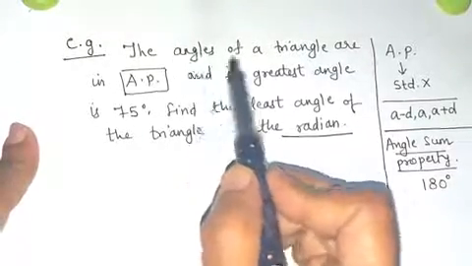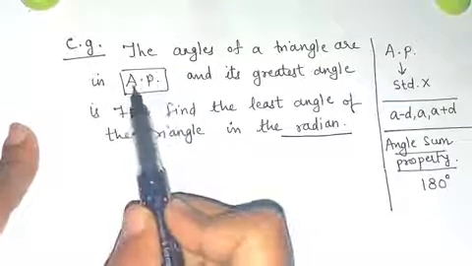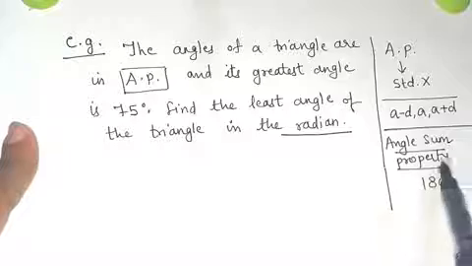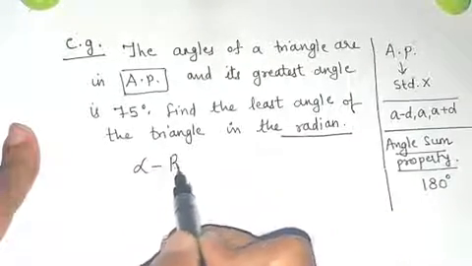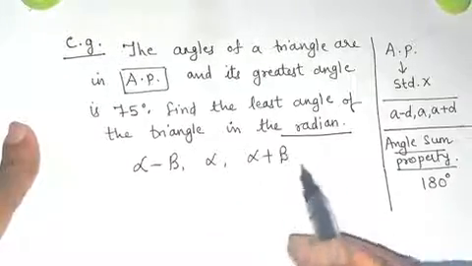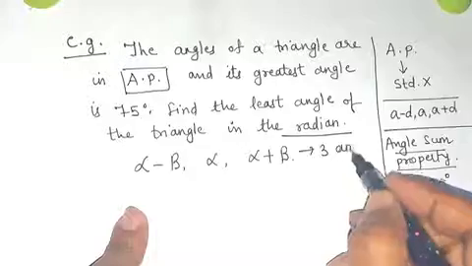First, all the angles of a triangle, obviously there are 3 angles, and those 3 angles are in AP, and it should always obey angle sum property. So let's take alpha minus beta, alpha and alpha plus beta to be 3 angles of a triangle.